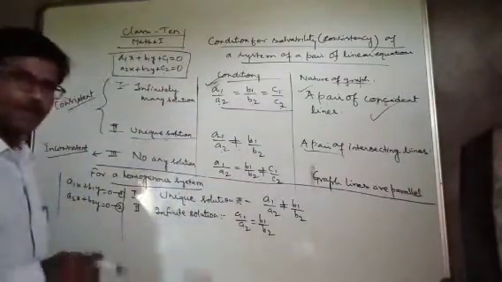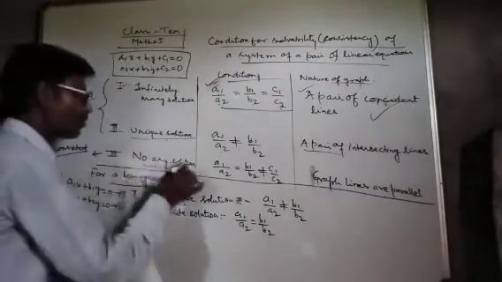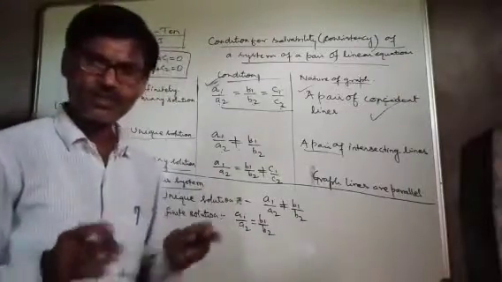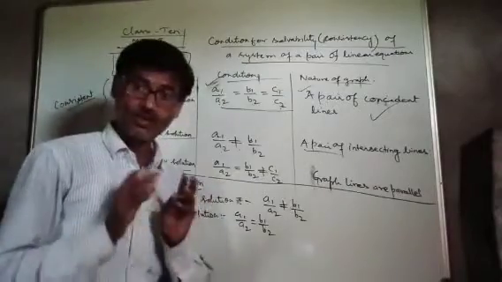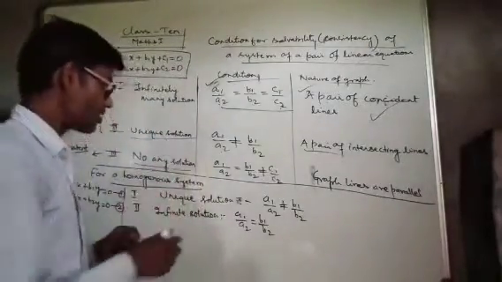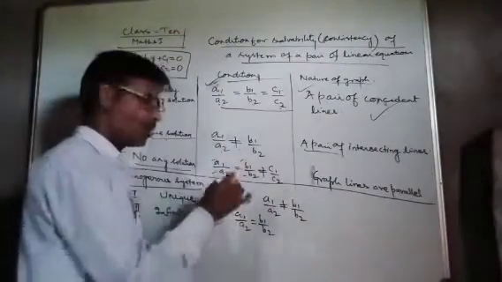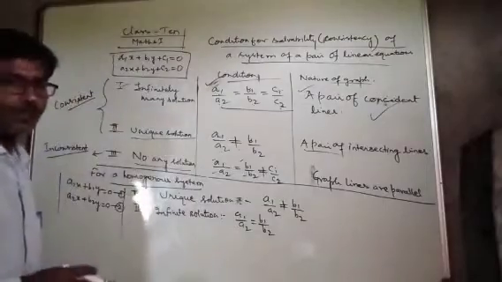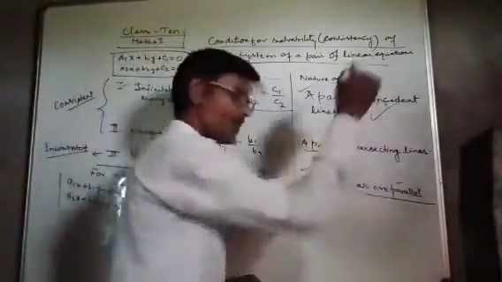Well, now third condition. Condition for no solution. In what condition does a pair of linear equations in two variables have no common solution? Condition is a1 upon a2 equal to b1 upon b2 not equal to c1 upon c2. In this condition, the graph lines are parallel to each other.